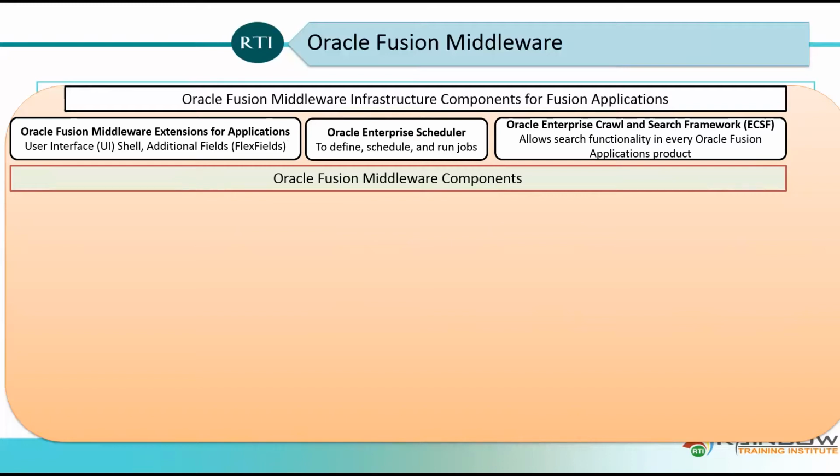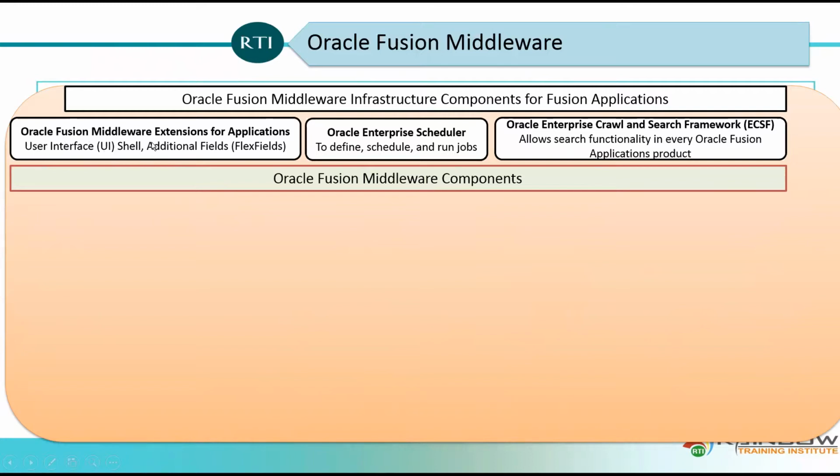You can make the same page different for different countries using customization or personalization, right? That customization or personalization will be stored here in the user interface shell. It is an extension to the existing application. That is why it's stored in the user interface shell.